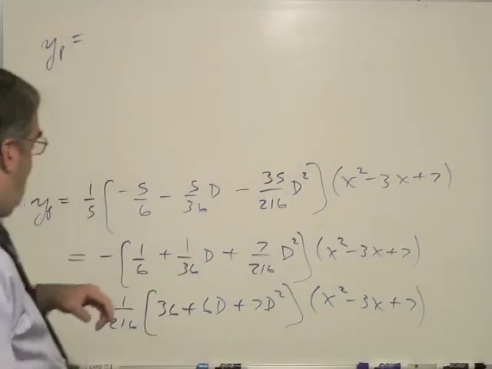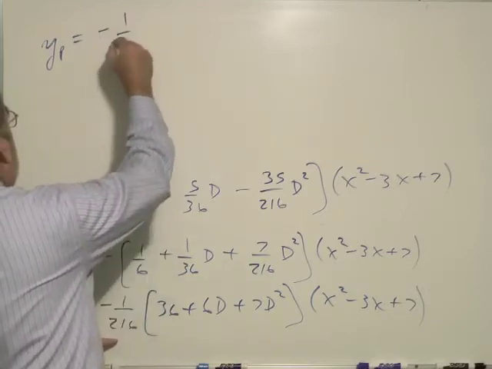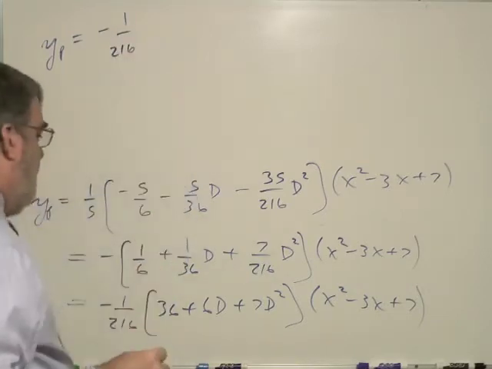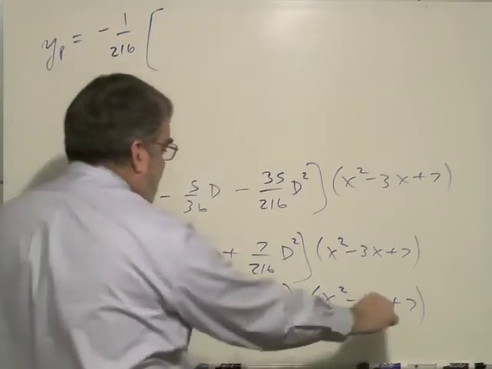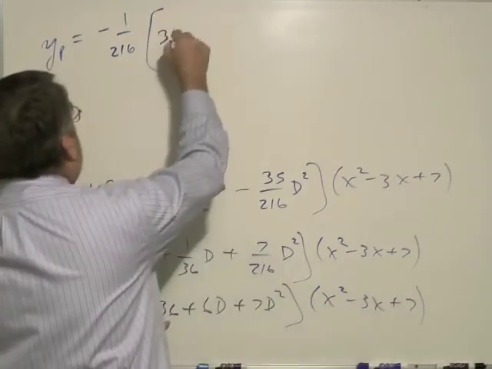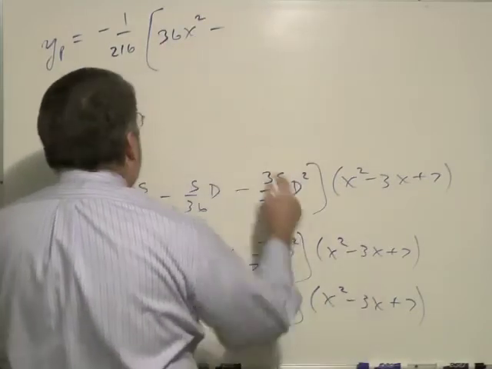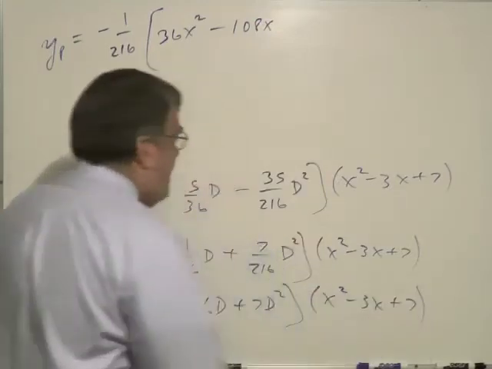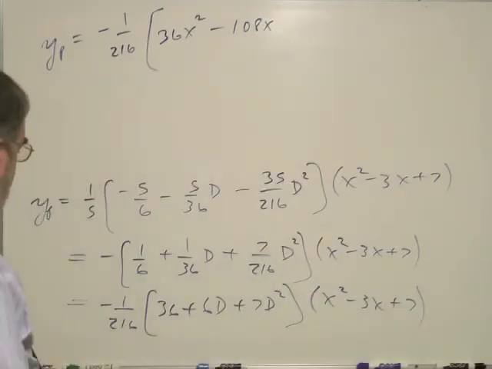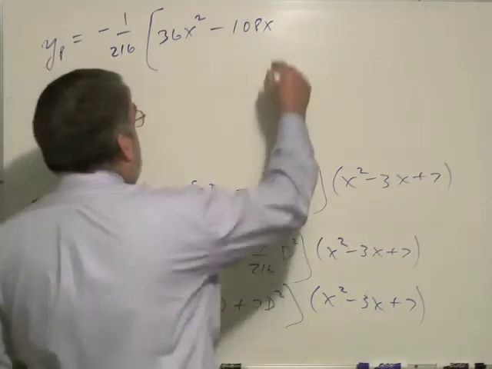I have y particular is going to be negative 1 over 216, and I have 36 times this polynomial, so that's 36x squared minus 108x plus 7 times 36, 252.